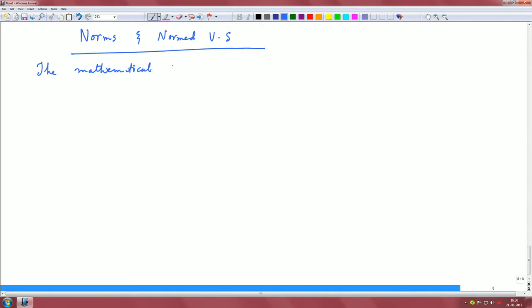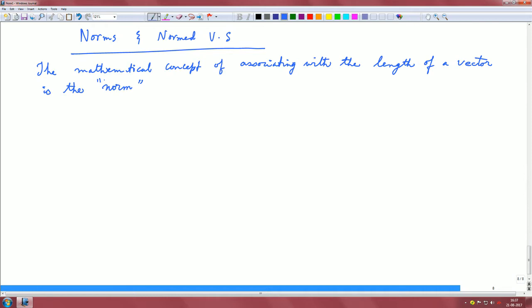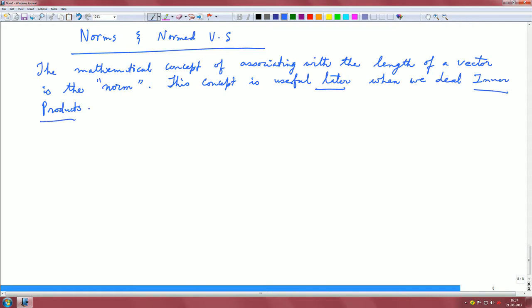So, the mathematical concept of associating with the length of a vector is basically the norm, and this concept is useful later when we deal with inner products and so on.